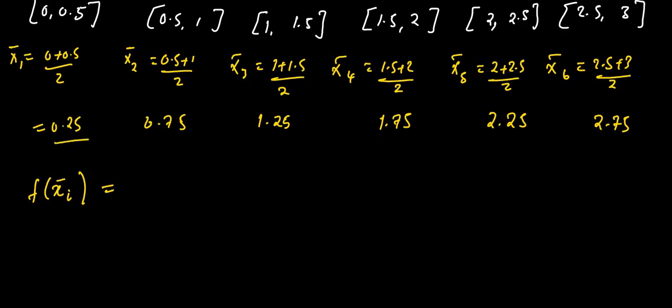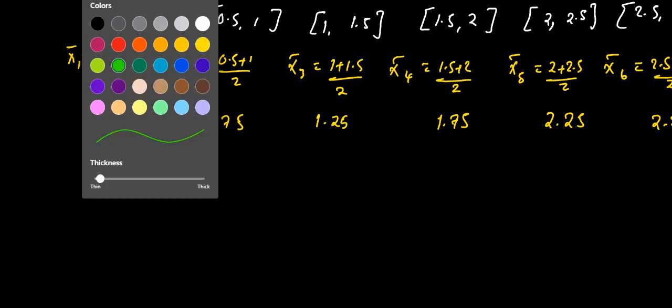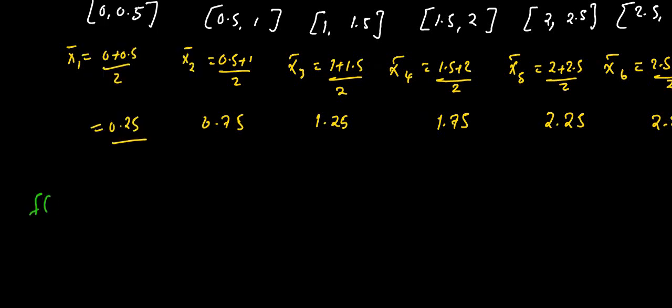So for the function at these, we are going to have 0.25 to the power 2, and the same applies to the others. I'll just show it here nicely so that I don't write things. We need to get f of x bar for each one of these values. So we square these. If the function was cubed, we would have cubed all of them, because we're putting these in the function.